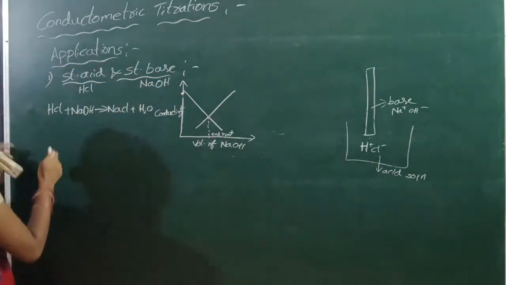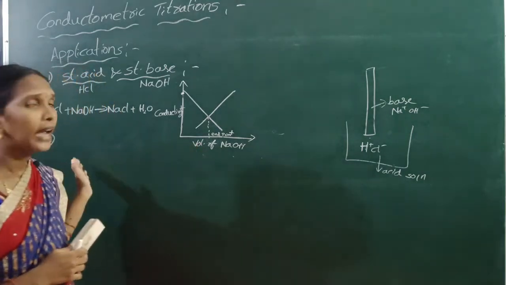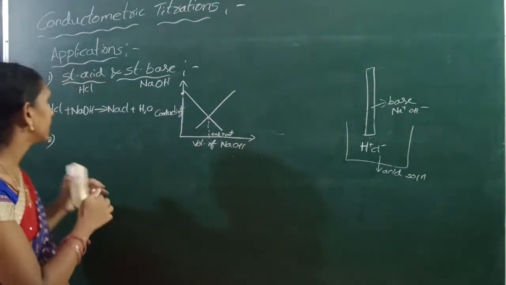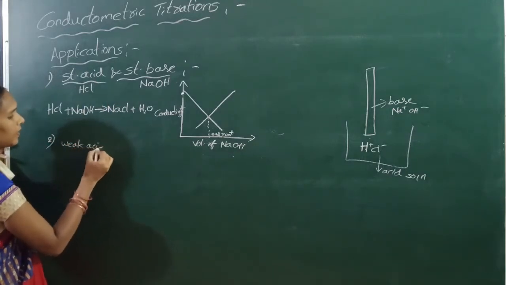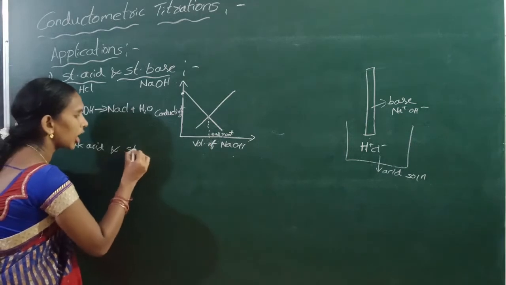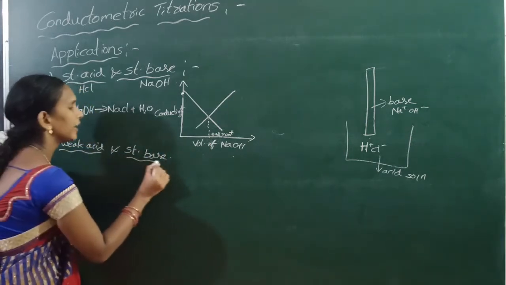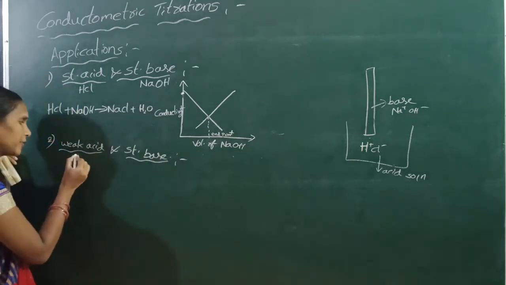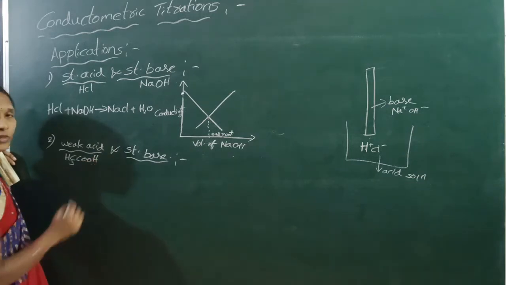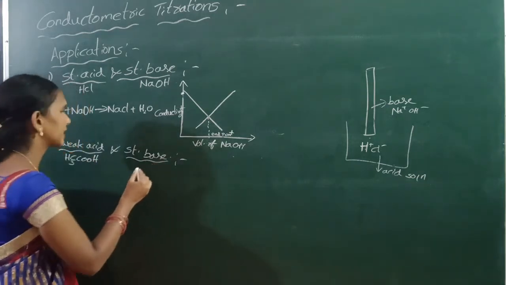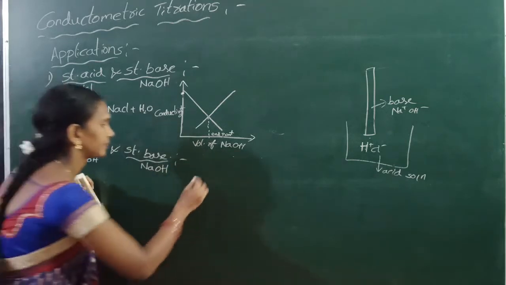Next application is determination of end point between weak acid and strong base. Here weak acid means acetic acid, CH3COOH, and strong base means NaOH.